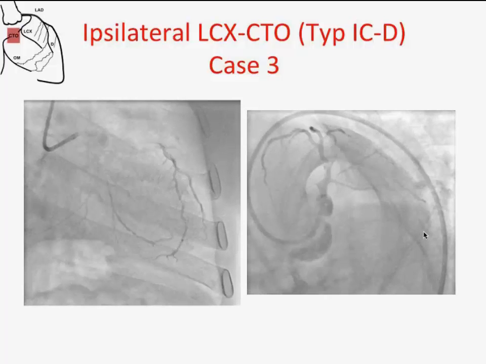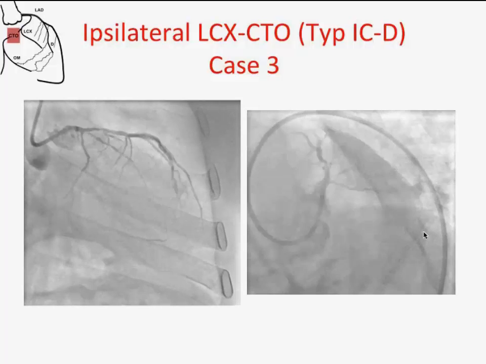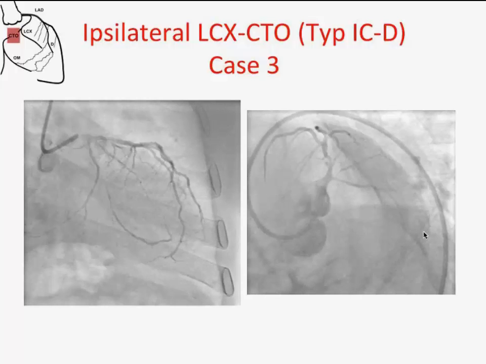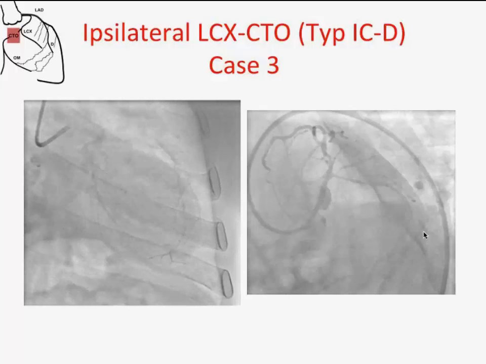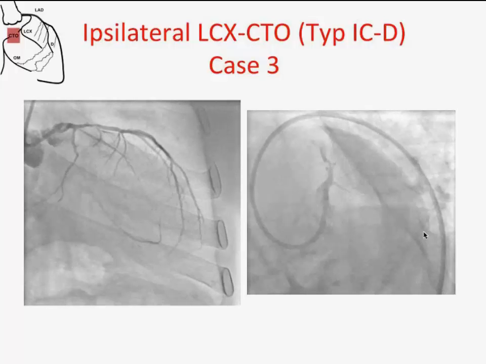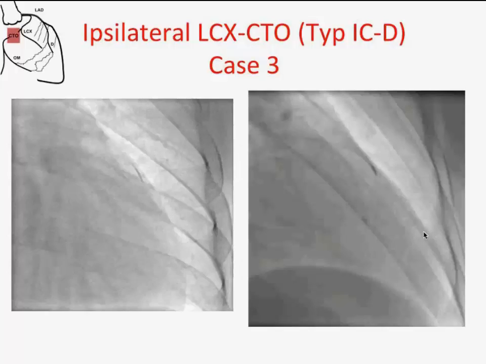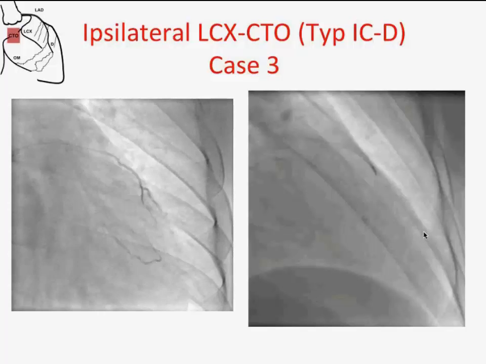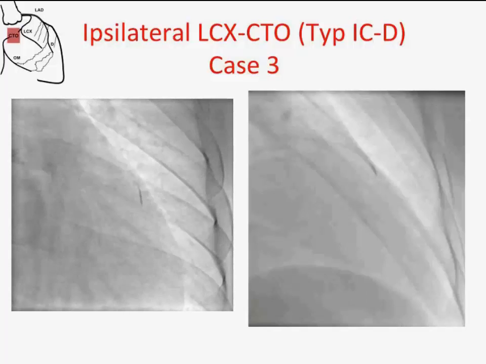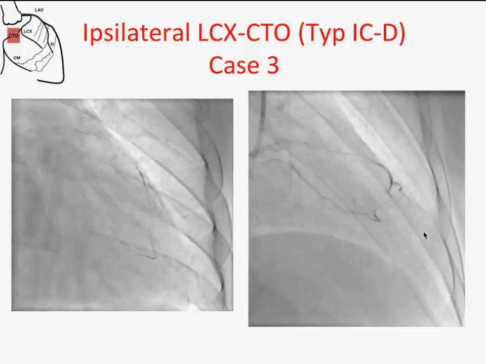So this is a 49-year-old man. He has diffuse disease in the proximal part of the LAD, and the circ is occluded, as you can see here. So this is probably the easiest case. It's a very nice epicardial collateral, which we could pass.